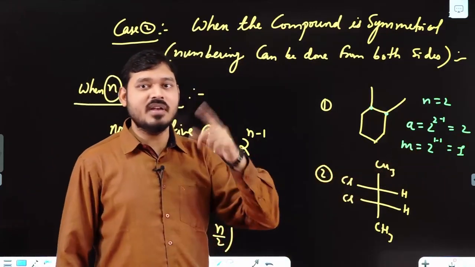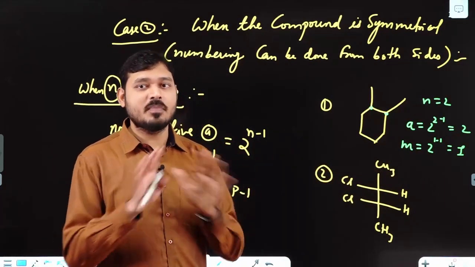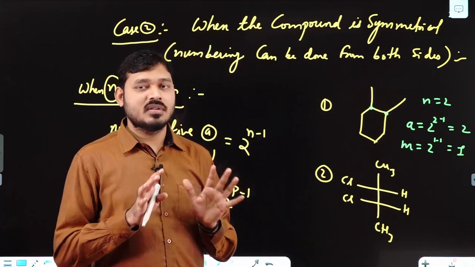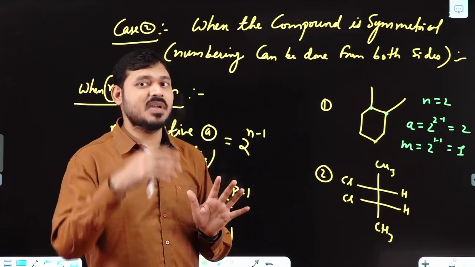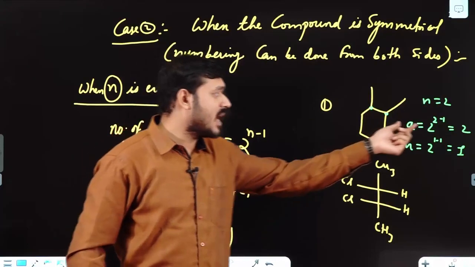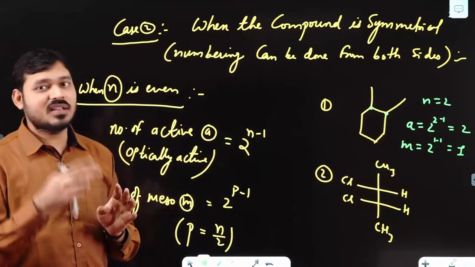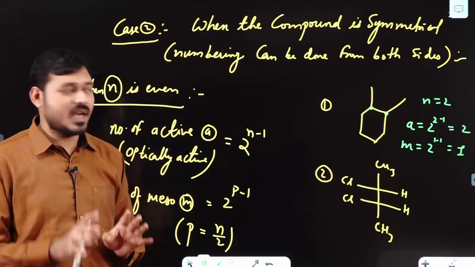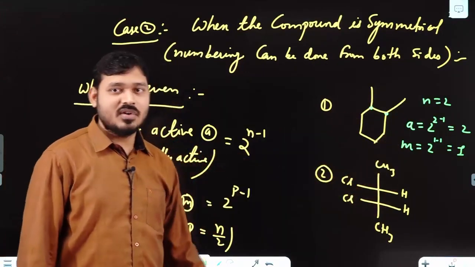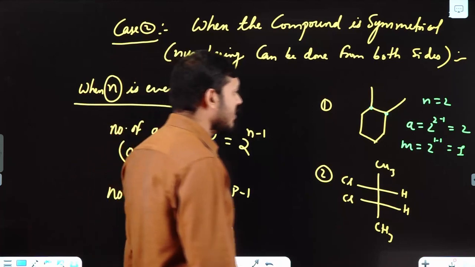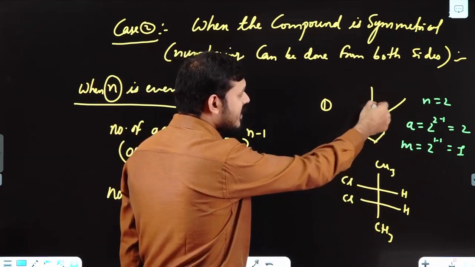Done. Now when one wedge and one dash, no POS, no COS, then it is optically active. So its mirror image will also be there. So two parts optically active, total 3. Now while counting total 3, we have by default counted the geometrical part as well. Okay. So you can say it will be having cis and trans.